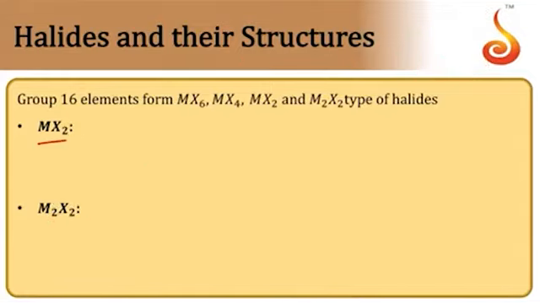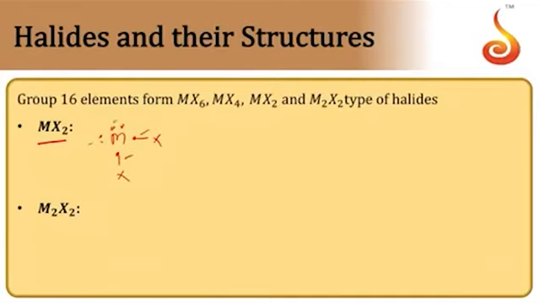Let us now take the MX2 structure. In MX2, suppose sulfur again has 6 valence electrons, of which 2 are bonded. So let us take element M with 6 electrons: 1, 2, 3, 4, 5 and 6. These 2 are forming bonds with halogens. This implies number of bond pairs is 2 and number of lone pairs is again 2.